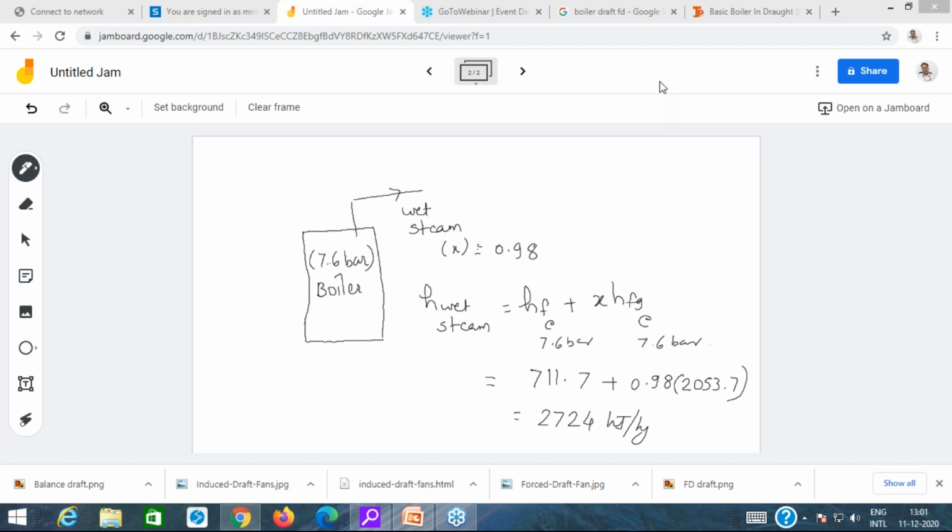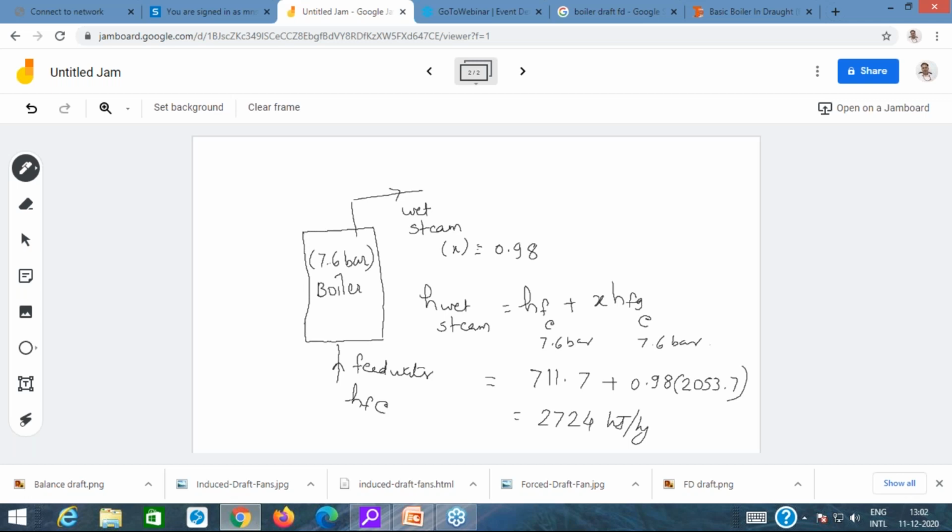Now similarly, I also need to know the enthalpy of the feed water which is entering the boiler. What enters the boiler is the feed water. So I need to know its enthalpy, and the information with me is that the feed water is entering the boiler at 51 degrees centigrade.